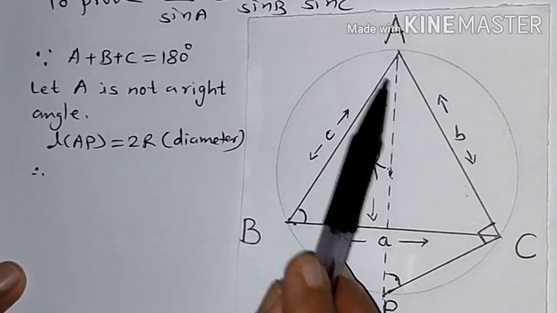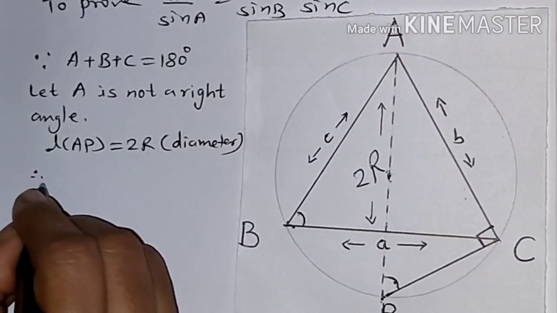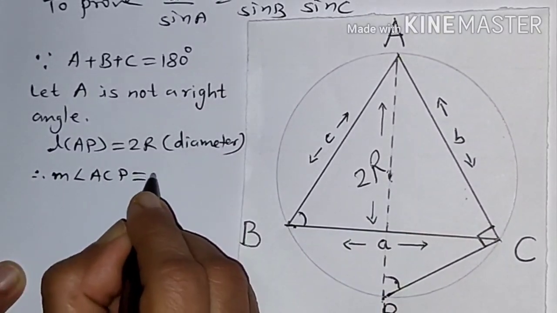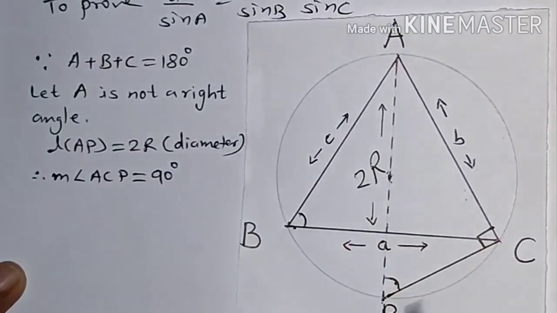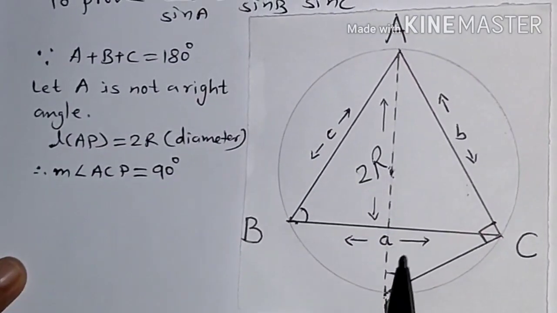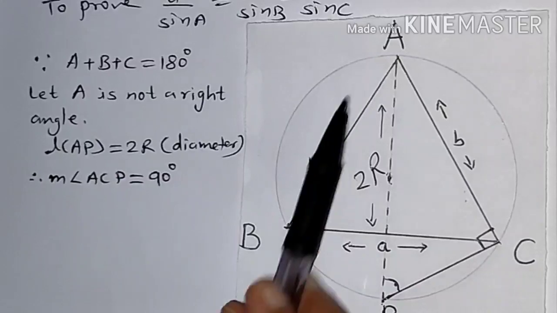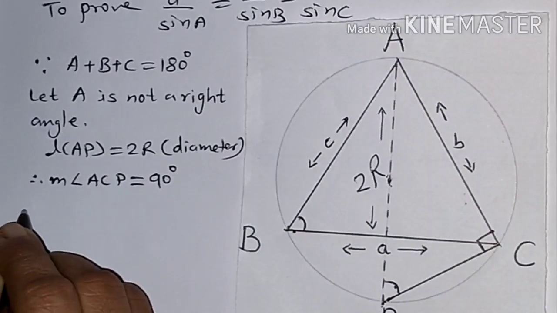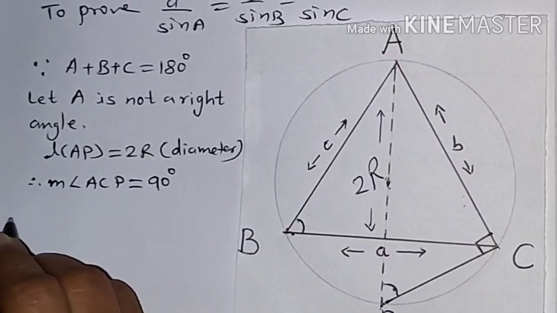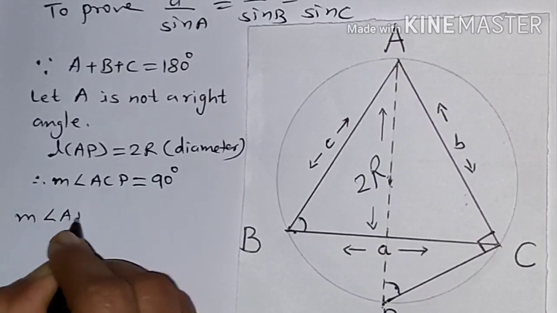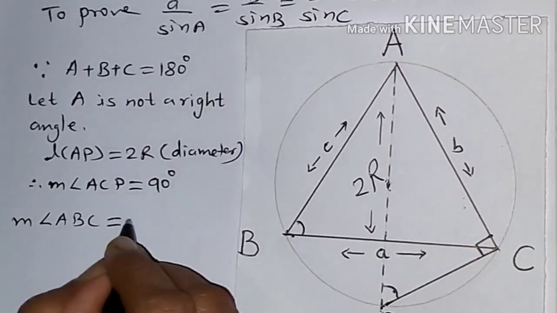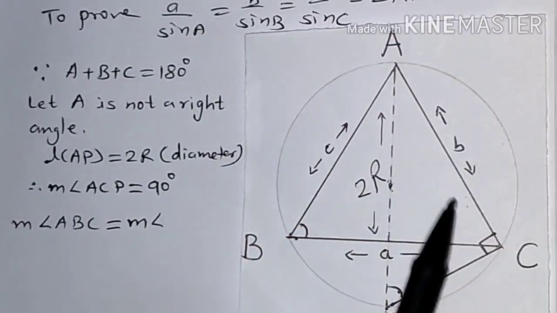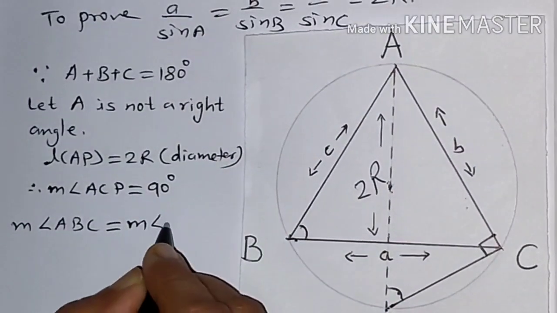Now angle ACP, measure of angle ACP, is equal to 90 degrees, angle subtended by the diameter. And we also know that angle ABC is equal to angle APC.